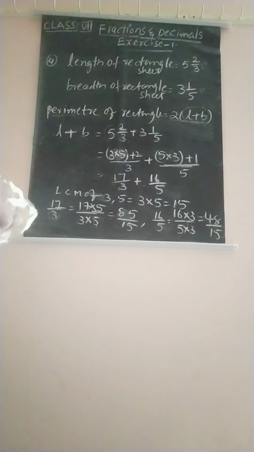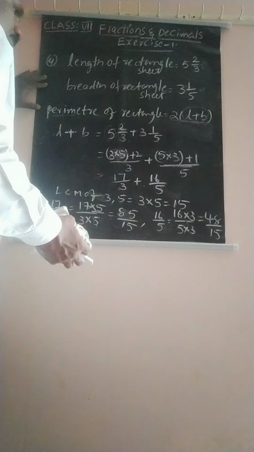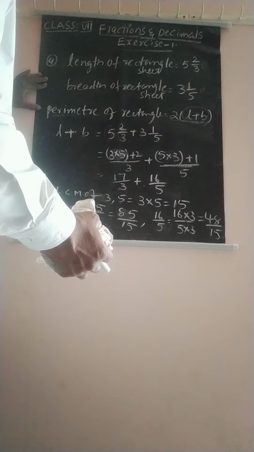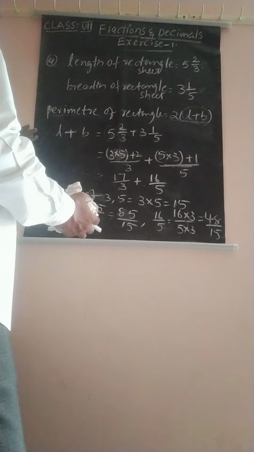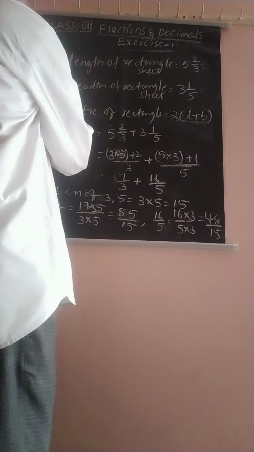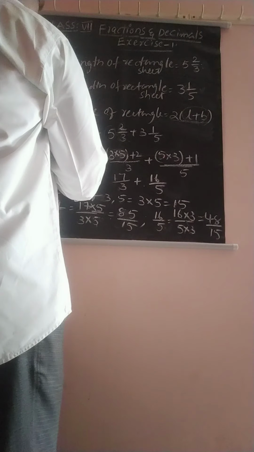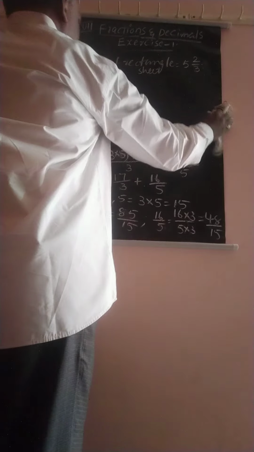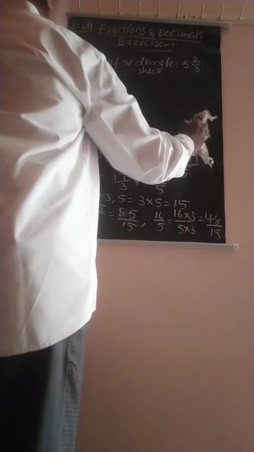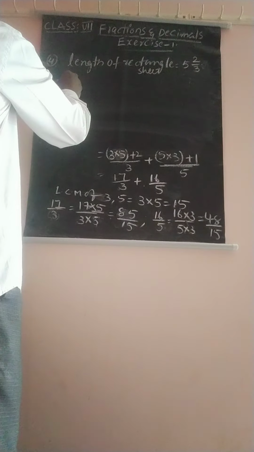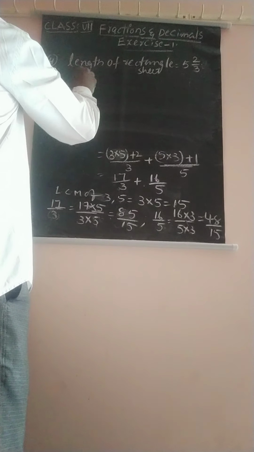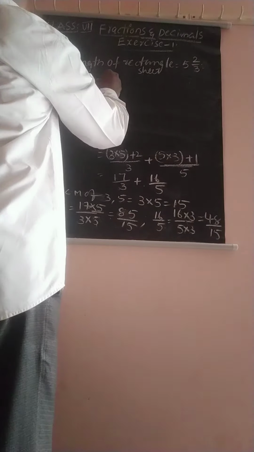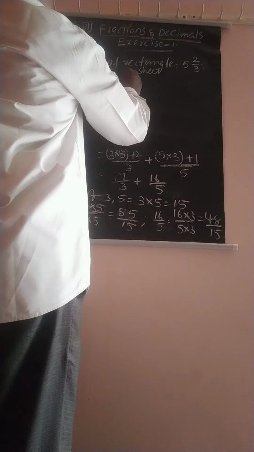See children, I can rub it from here onwards. See there, now what you got: the length is 85 by 15 and the breadth is 48 by 15, got it.